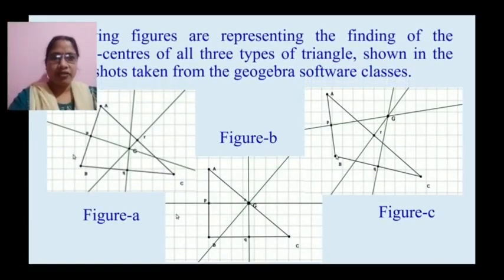So these are the figures which represent the circumcenter of all the three types of triangles. These are the screenshots from the GeoGebra software classes. So let us do this activity in the GeoGebra app.